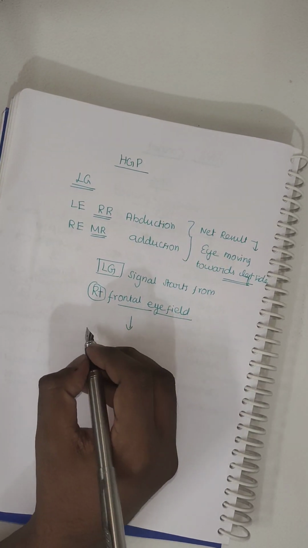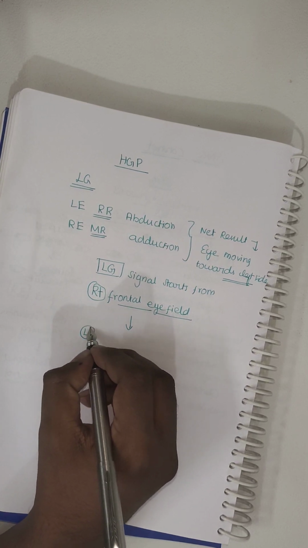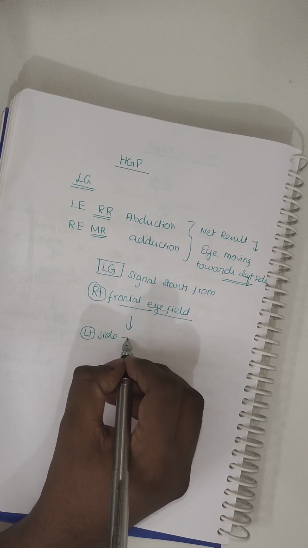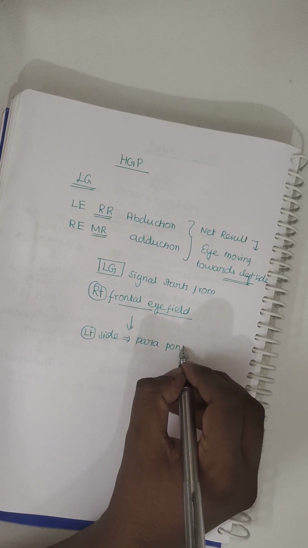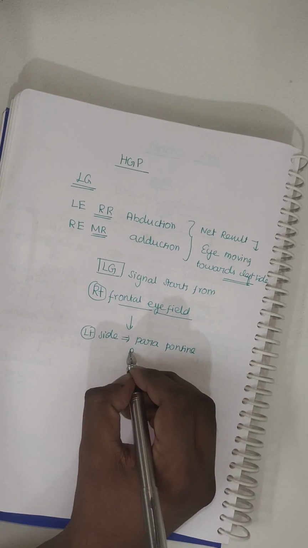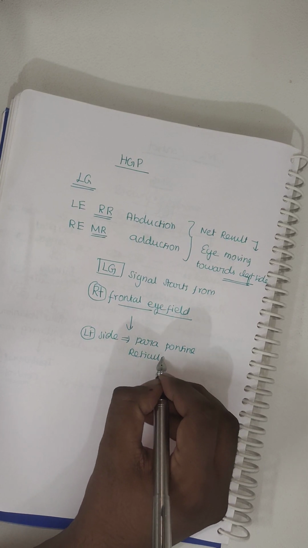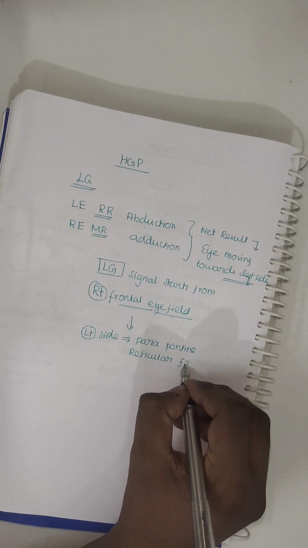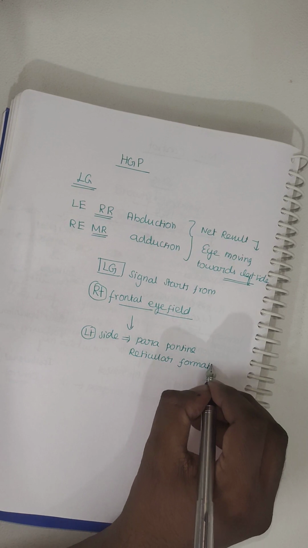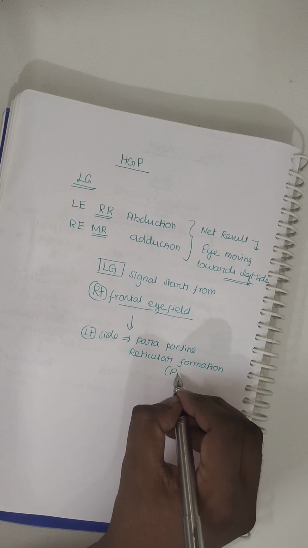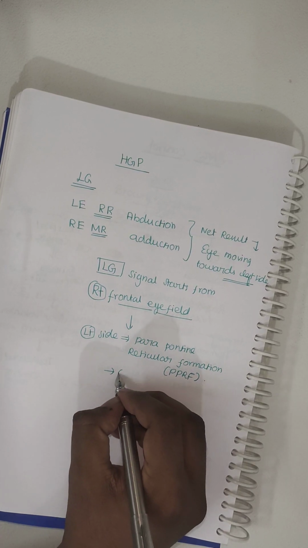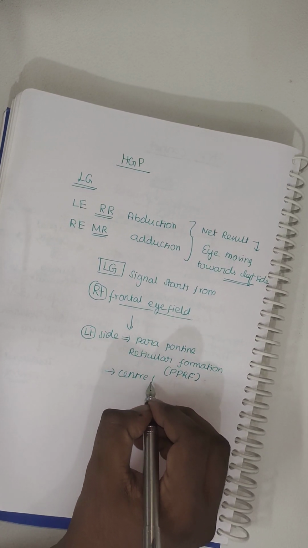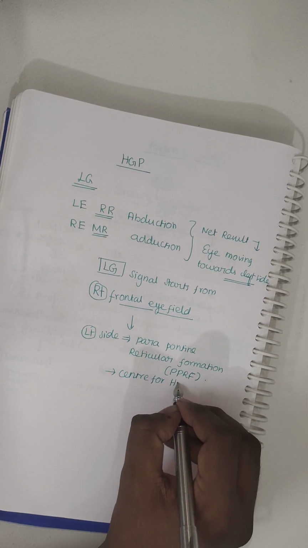This signal goes to the left side, to the parapontine reticular formation. Parapontine reticular formation is the center for horizontal gaze.